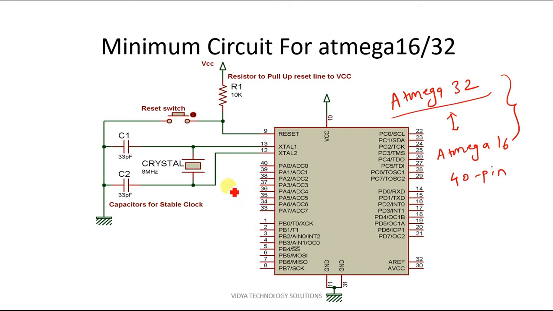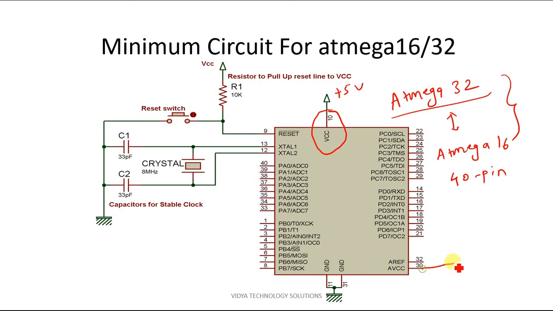What I mean to say is, if you have an Atmega32 with you and if you simply want to run it on a breadboard, then you need this much circuit only. You just build this much circuit on breadboard and the Atmega32 will start working. You can download a program into Atmega32 and you can run it, provided that you have connected VCC to pin number 10, which is plus 5 volt, ground to pin number 11 and 31.